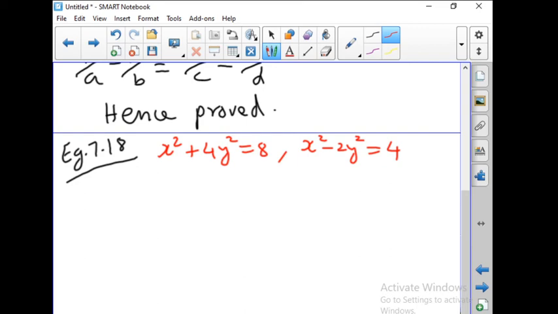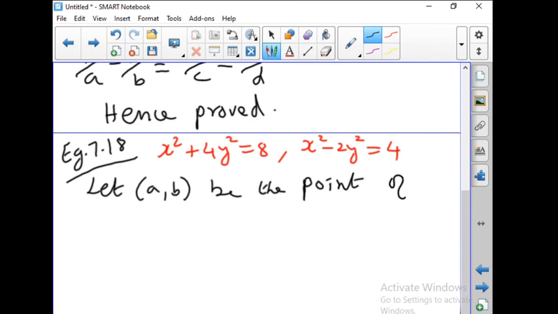So here also we have to prove that m1 into m2 is equal to minus 1. Here we can take x0, y0 as a point of intersection, or anything else. Here it is taken, let a comma b be the point of intersection.